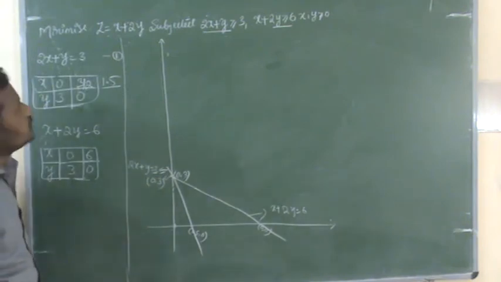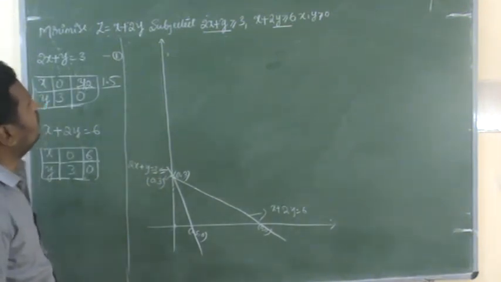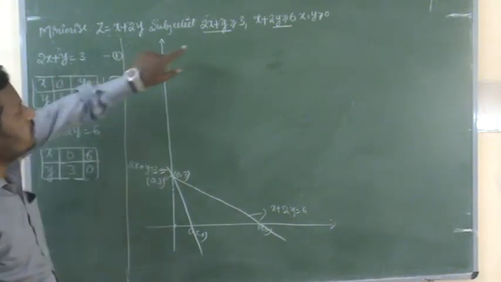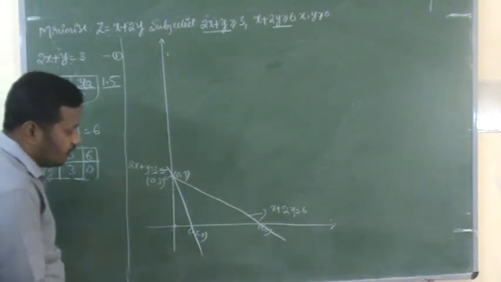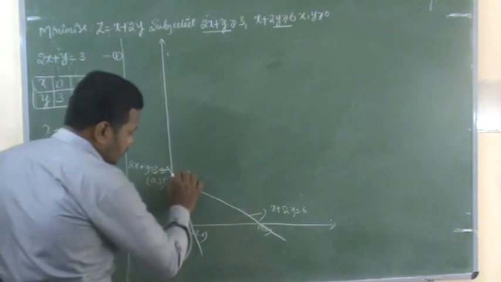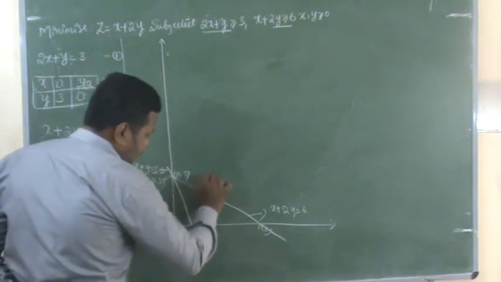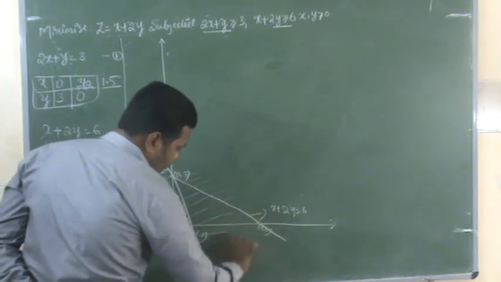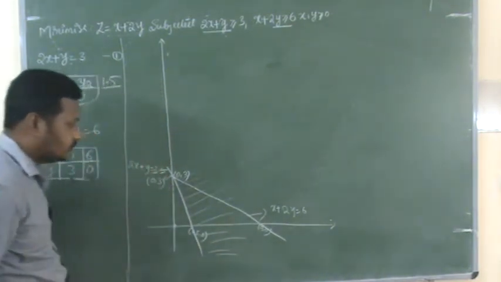Now for these two inequalities, checking the origin in 2x plus y greater than or equal to 3 gives a false statement. Therefore, this line is shaded towards the upper side, above the origin.